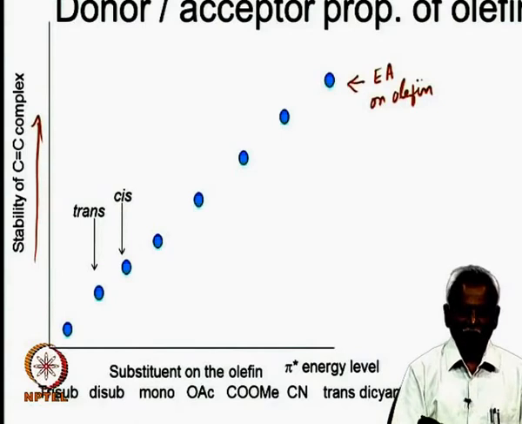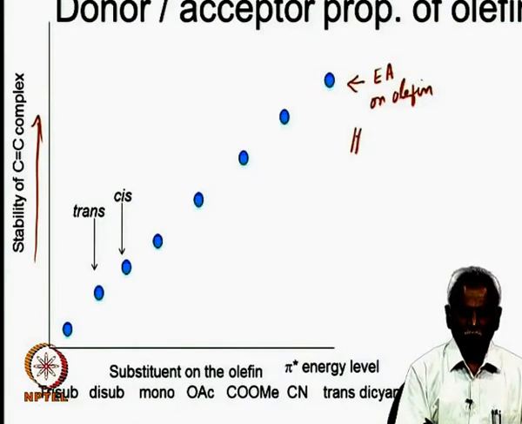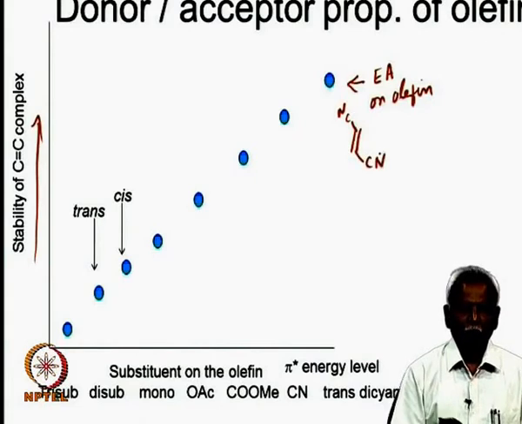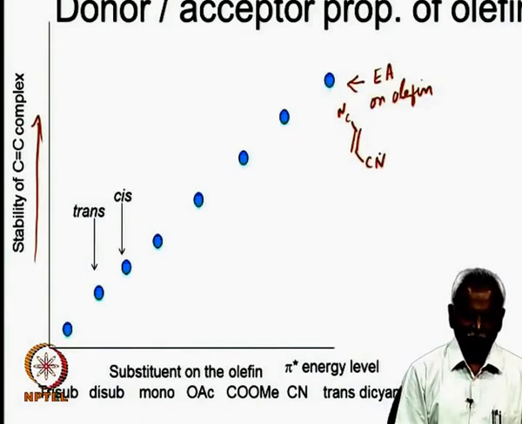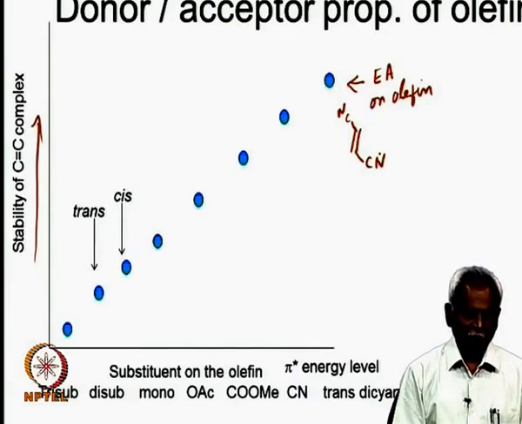So, you have trans dicyano compounds. So, you have CN and CN, then it forms a much more stable complex with the metal, because you can have better pi accepting property.